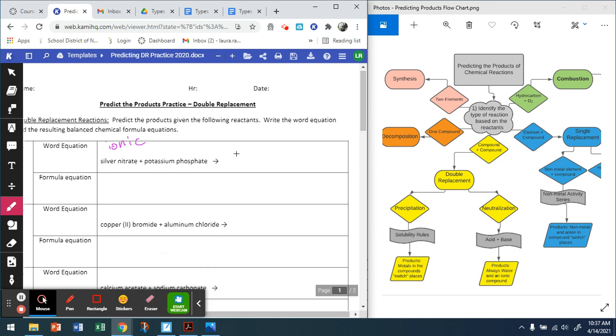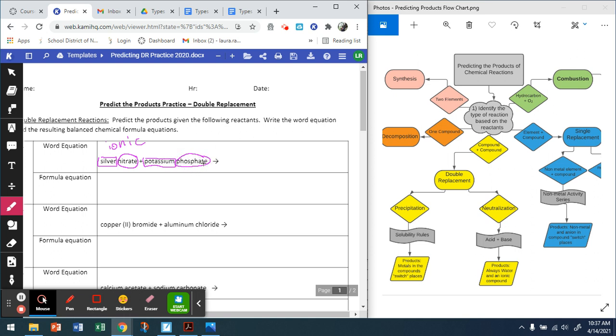Oftentimes this is actually easier with the names before we write the formulas. So the silver, I'm going to box. Remember, we box our metals. We're going to use that same strategy from single replacement. And potassium is a metal or a positive ion. So I'm going to box that. The nitrate would be the negative ion, and so would the phosphate.